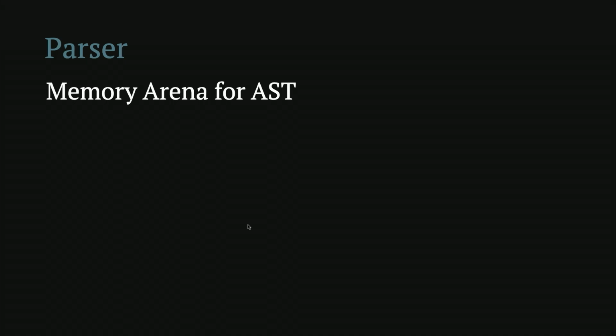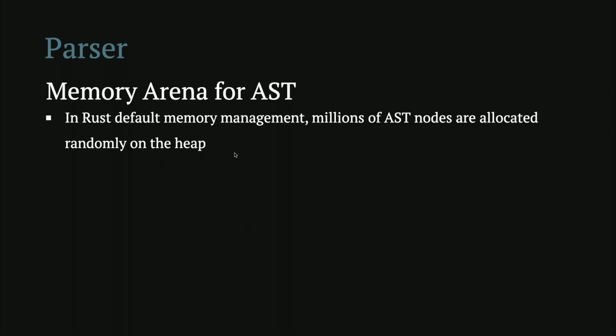The last concept in the parser, which is for Oxc, which is different from all the other Rust parsers, is called a memory arena. So you may be familiar with, if you're into game design, you normally put objects into one data pool or continuous memory. So in Oxc, when you allocate millions of AST nodes, they are randomly allocated on the heap.